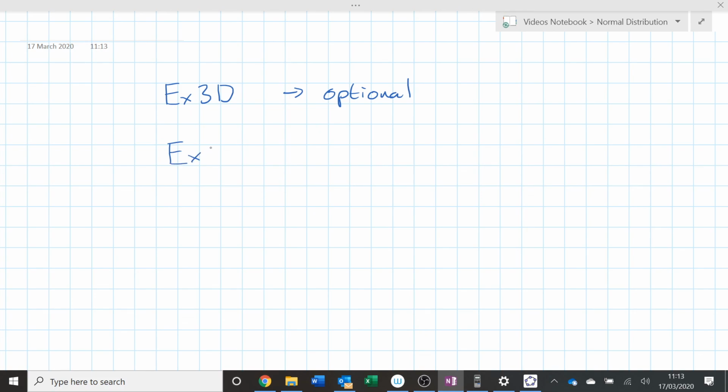Exercise 3E is really important to practice, and I'm recommending questions 1, 4, and 5, and then after that, for some slightly harder exam-style questions, 12 to 14.